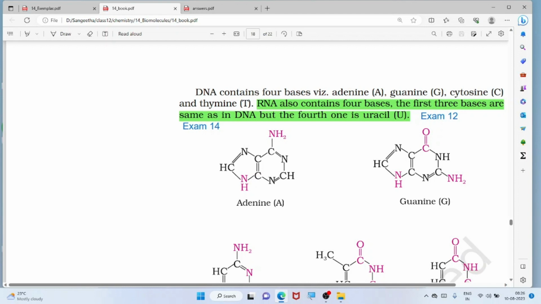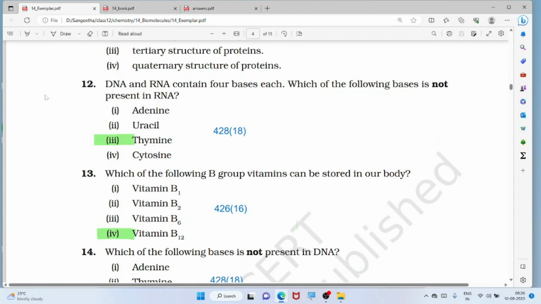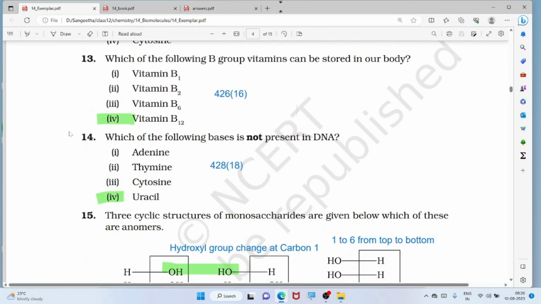The first 3 are the same as DNA, but the last one is this. So instead of this thymine, it has this uracil. So this is not present. Instead of this, some other compound is present.